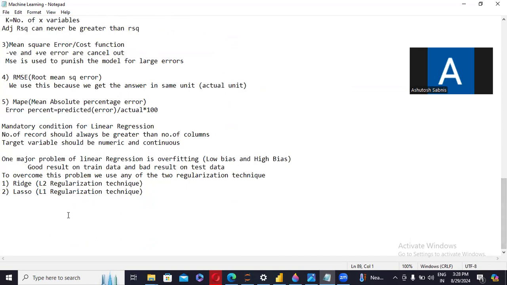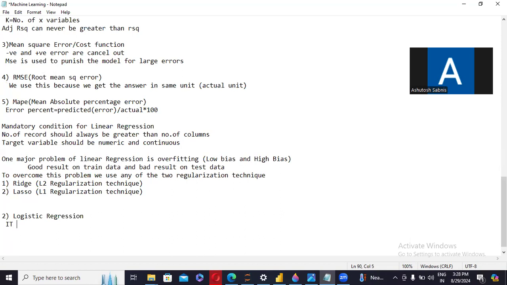So we are going to learn logistic regression today. It is a supervised machine learning algorithm. So what is a supervised machine learning algorithm? As you already know, supervised means that the target variable is present and sampling is possible.